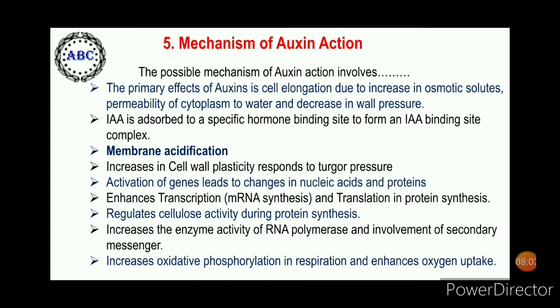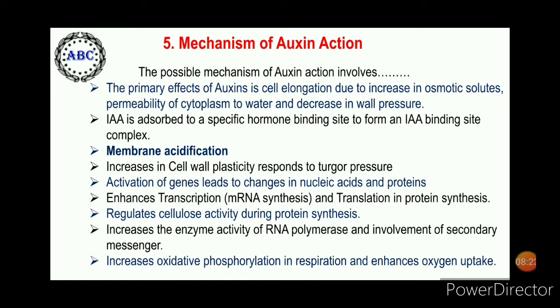The primary physiological effect of auxin on plant growth is cell elongation. It occurs because auxins promote increase in osmotic solutes, decrease in wall pressure, and increase in permeability of cytoplasm to water.